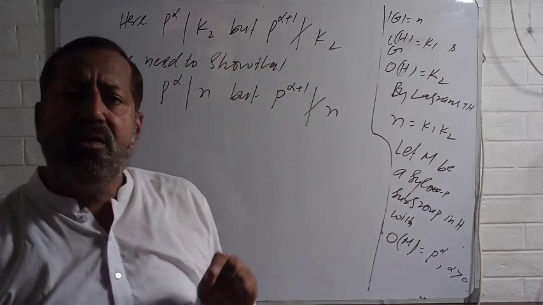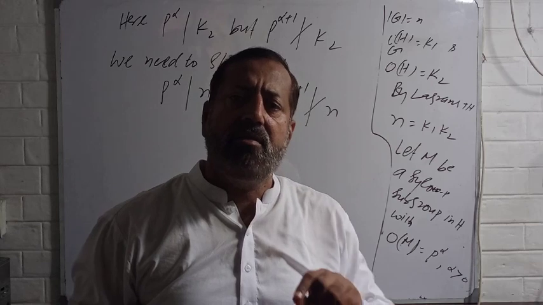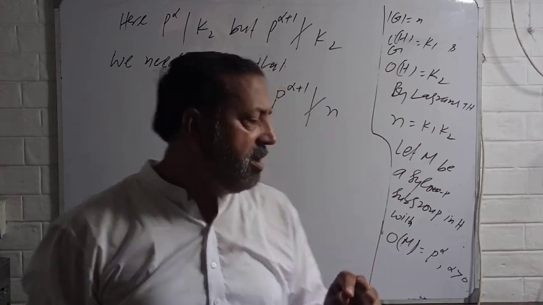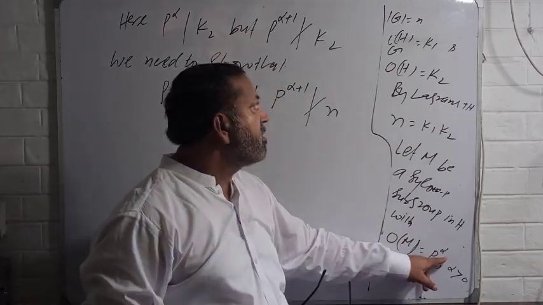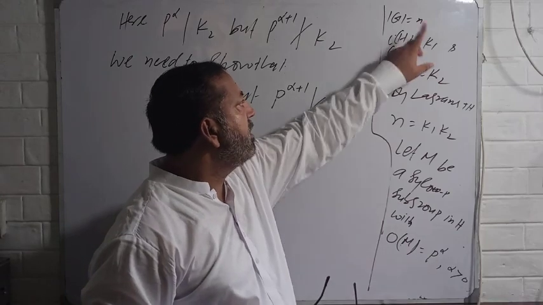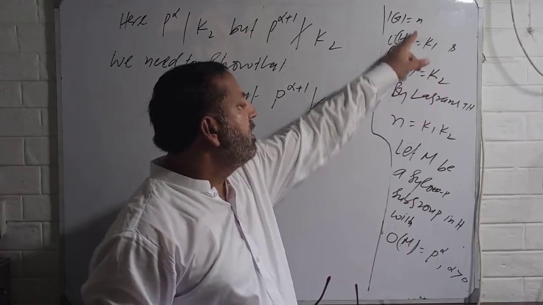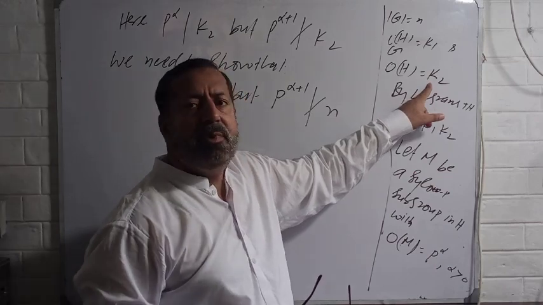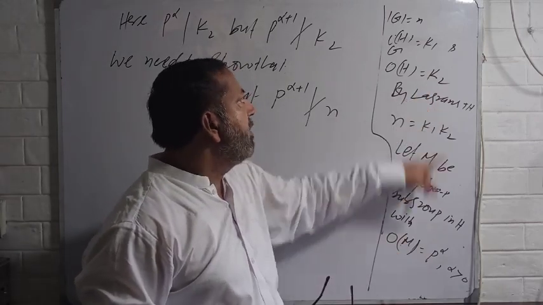So we will use the concept that index is relatively prime with P, and we will show that P power alpha plus 1 does not divide n. P power alpha divides n, it is clear, because K2 divides n and P power alpha divides K2. So by transitivity, P power alpha divides n.